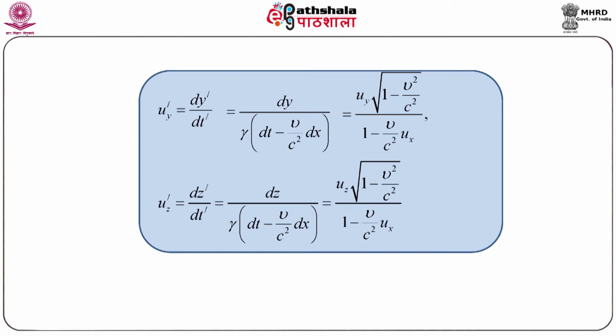Similarly, we can obtain the result which connects the velocity in frame S' along the z' axis with the velocity in frame S along the z axis in this manner. As usual, c is the speed of light.